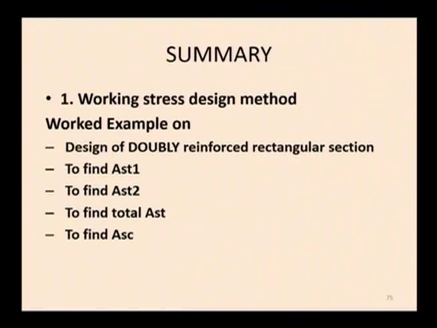So, this AST2 is used to balance this ASC, and it is called the additional tensile reinforcement. The total AST is equal to AST1 plus AST2. This is the way we have designed the doubly reinforced rectangular section using one worked example.